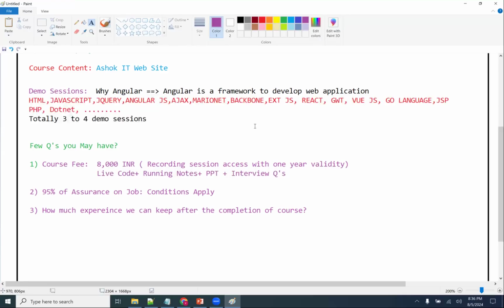Are we covering Angular integration with backend frameworks like Spring Boot and microservices as part of this course? We are going to cover it, end-to-end integration. Sure, sir.